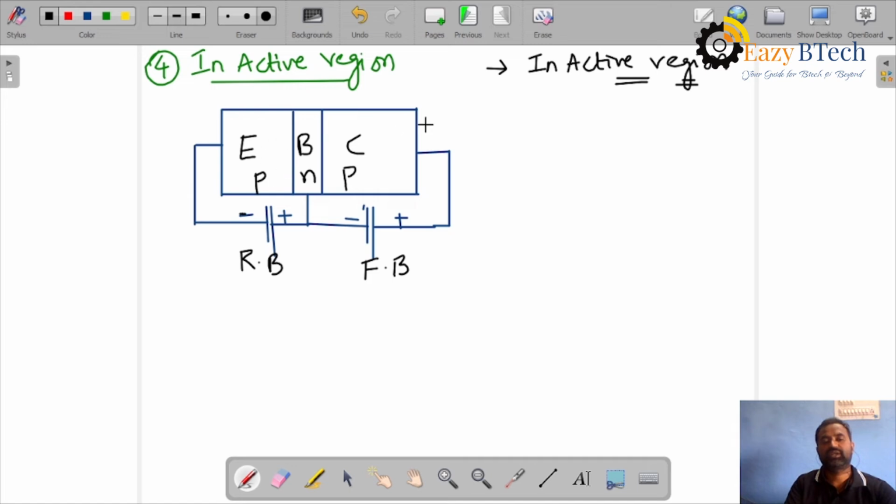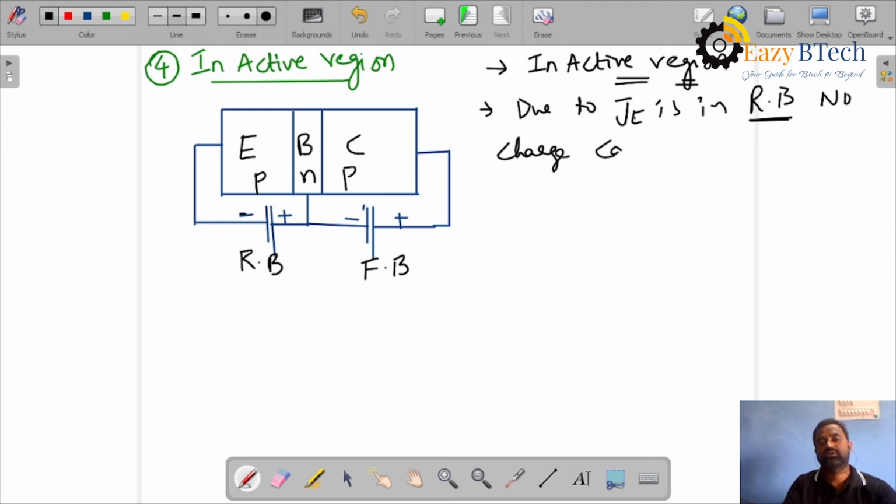It's due to this inactive, due to JE is in reverse bias. Due to JE in reverse bias, no charge carriers can travel from emitter to collector.